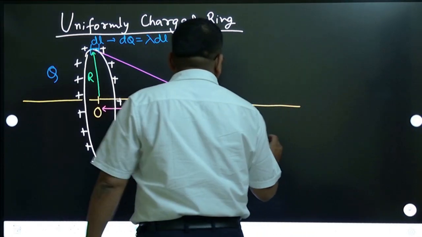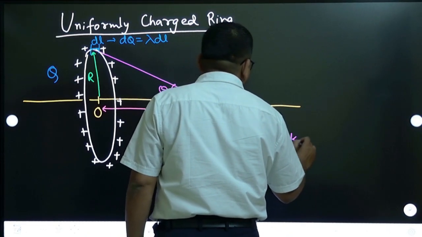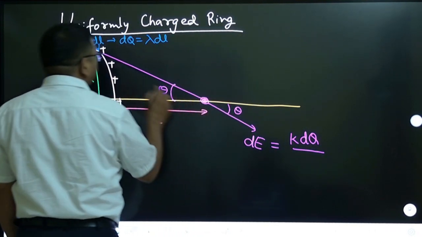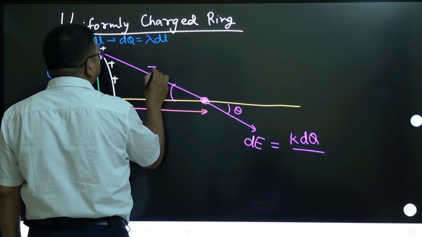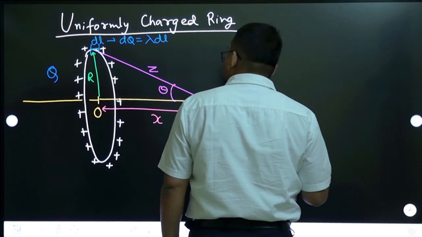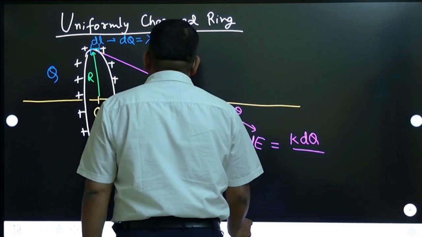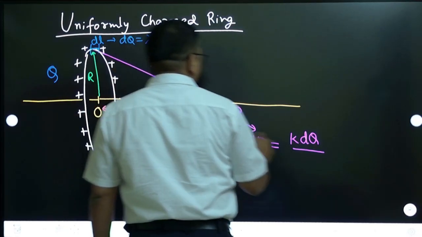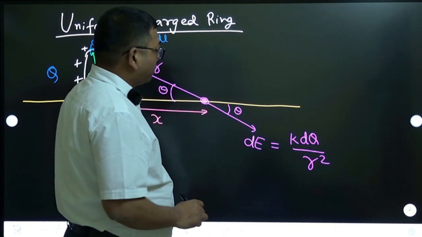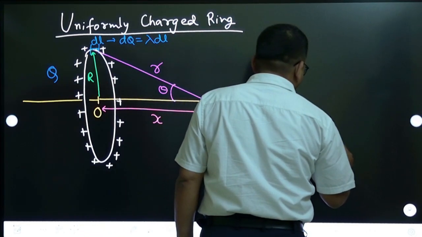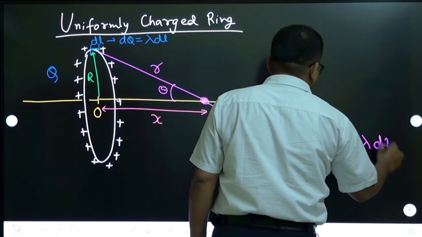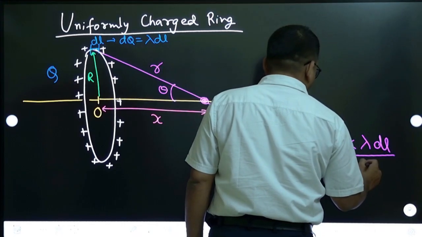So let us calculate this dE. dE is k dq by this distance. Let us write this distance as z. So k dq by z squared, or if you want a small r, you can also write this as k dq by small r squared. Now dq we can substitute as lambda into dl.